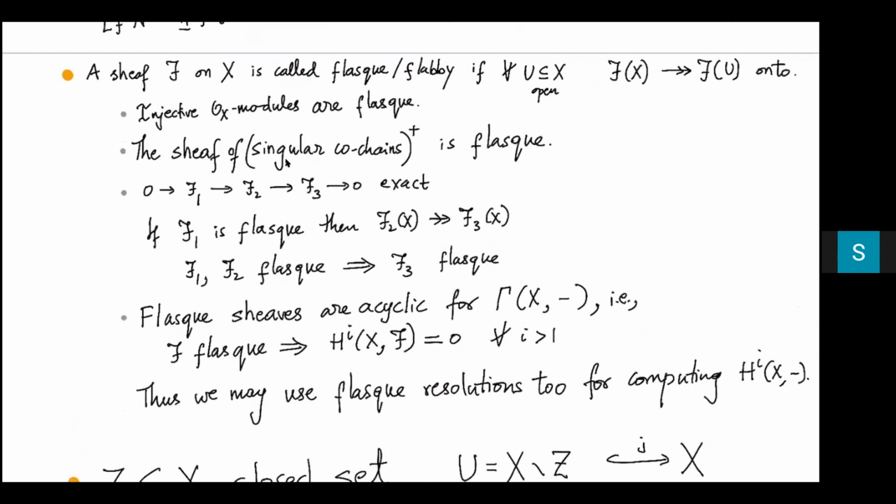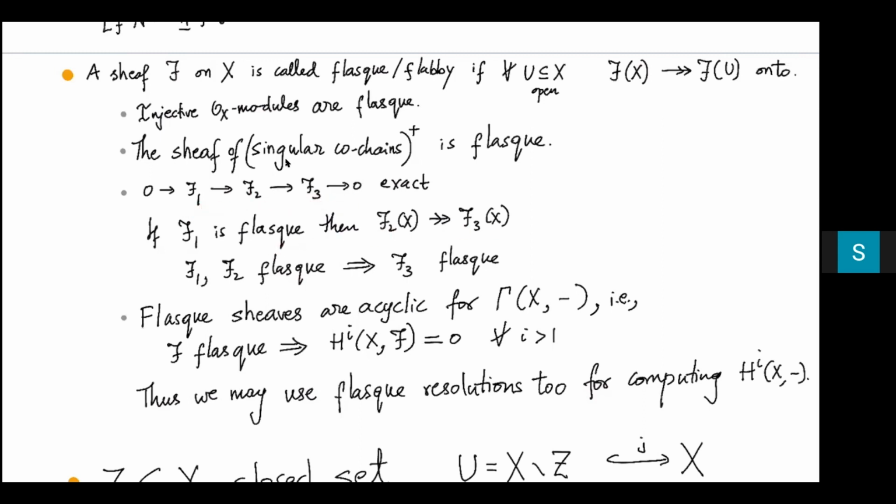The property of flask sheaves that makes them important from the point of view of cohomology is that they are acyclic for cohomology, and that really comes from the two properties I have highlighted here: if you have an exact sequence and the first sheaf is flask, then the map of global sections is surjective. It's in fact exact.